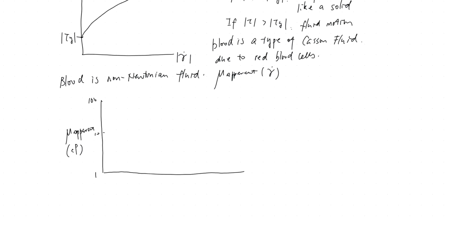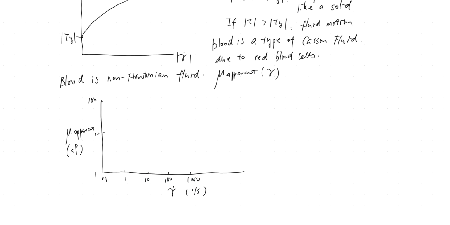And here is shear rate, gamma dot, in the unit of 1/s. So there is 0.1, 1, 10, 100, 1,000.